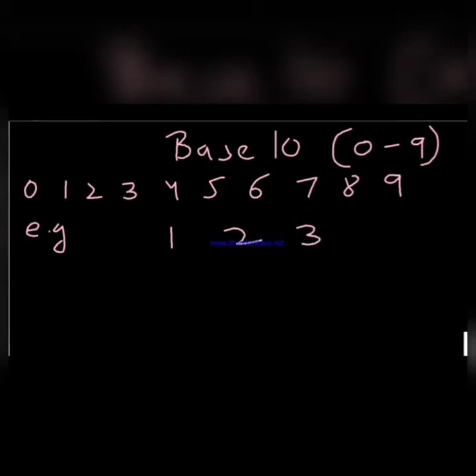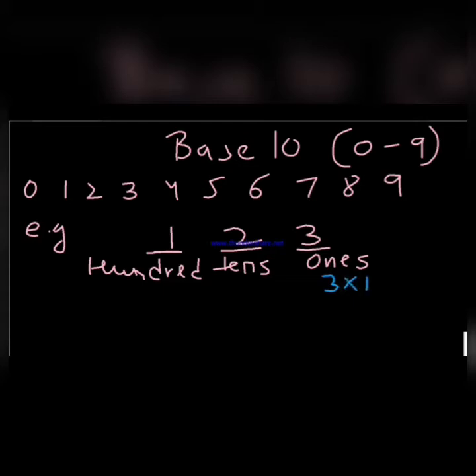As we know, this is the ones place, this is the tens place, and this is the hundreds place. When I represent these numbers, I write them as 3 into 1, 2 into 10, and 1 into 100.